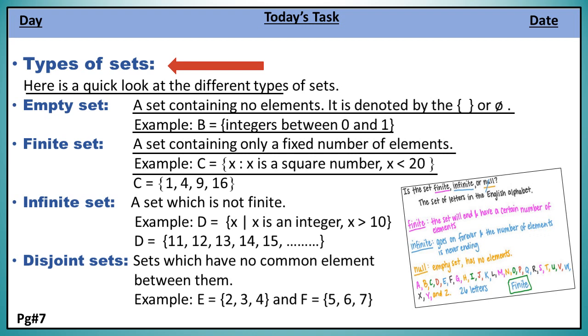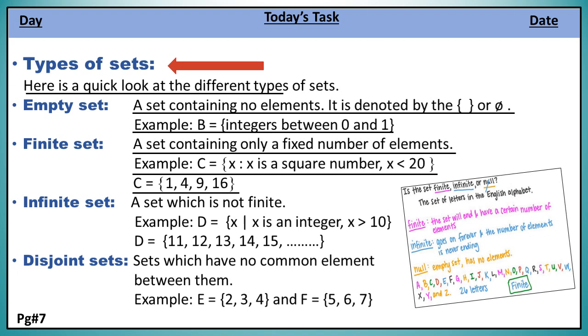The square numbers less than 20 are C is equal to 1, 4, 9 and 16. So in this set there are only 4 elements. So this set is countable. हमारे पास इस सेट में एलिमेंट्स खत्म हो रही हैं. So this is the example of finite set.